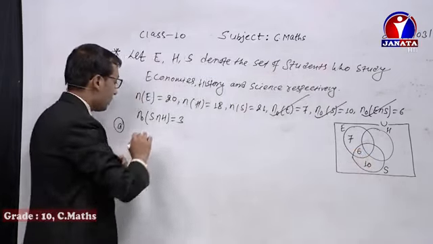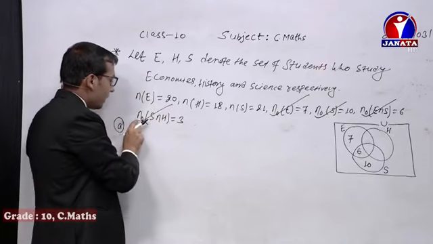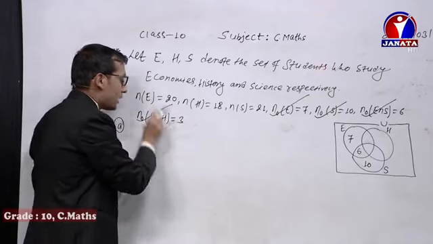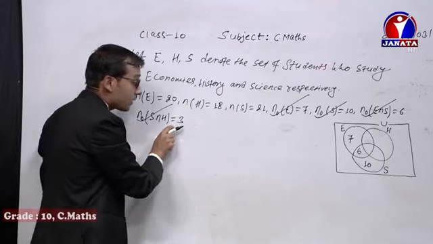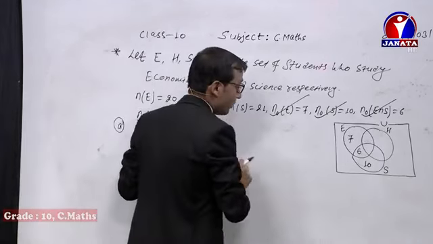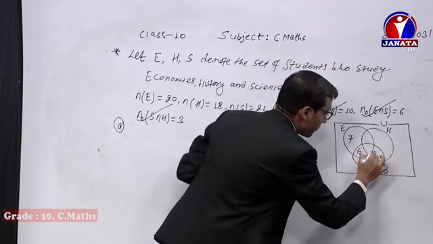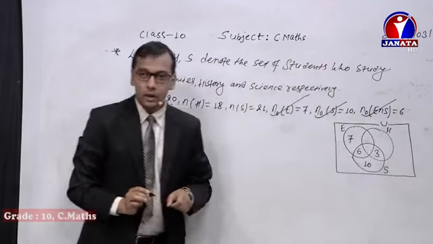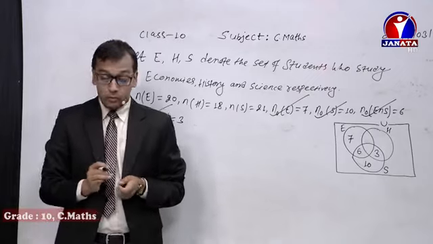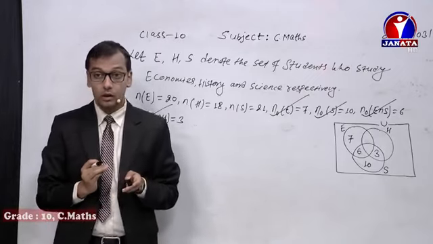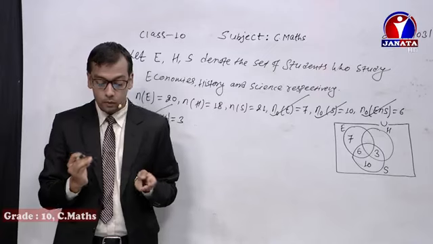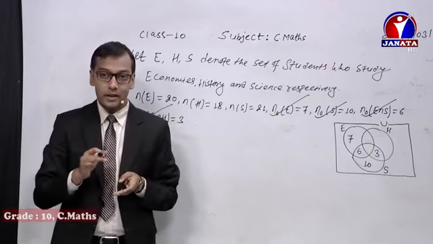Similarly, now we can also insert this N only S intersection H. What is N only S intersection H? It's 3. S intersection H only is 3. And in this question, we are not asked for complement, neither is this given.